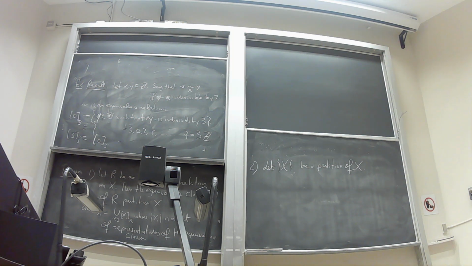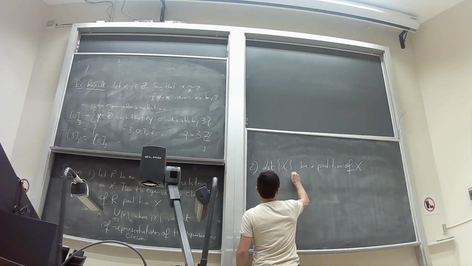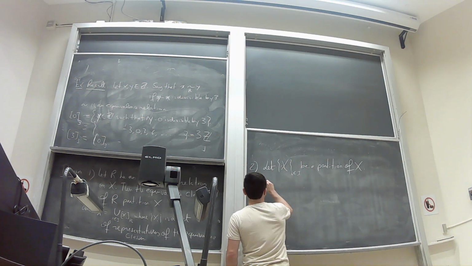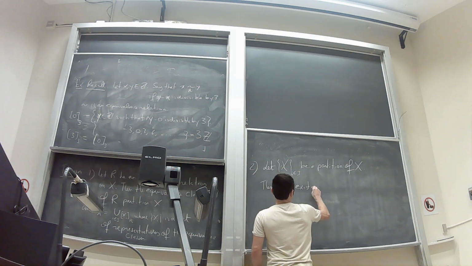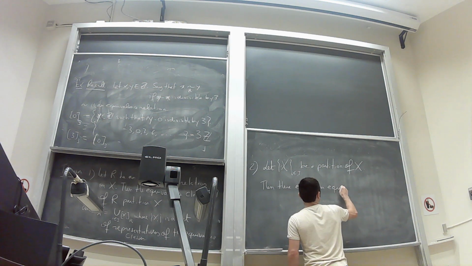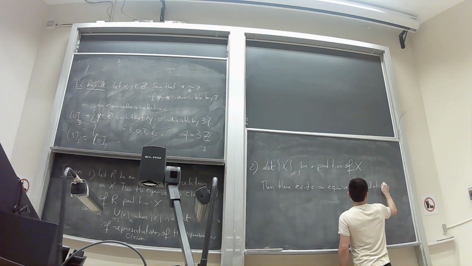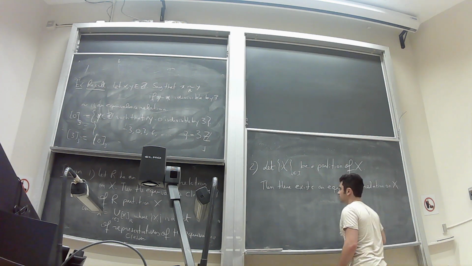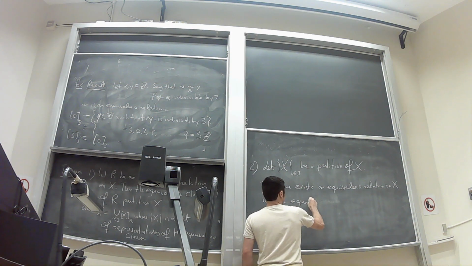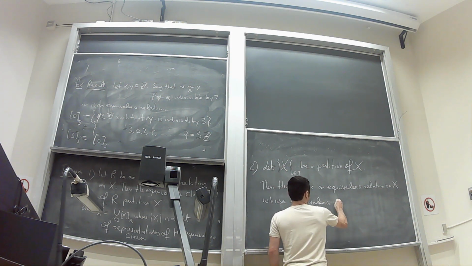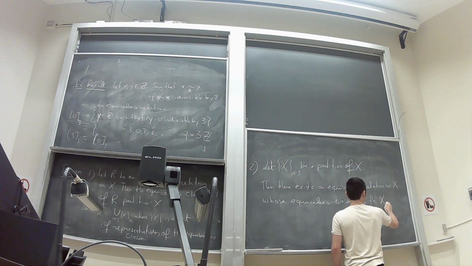You have finitely many sets. It's not true in general, but that's okay. Let X_i be a partition of X. Then there exists an equivalence relation on X whose equivalence classes are the X_i's.